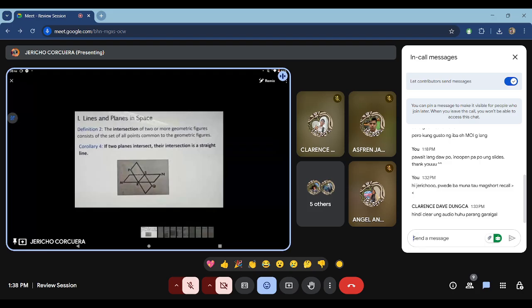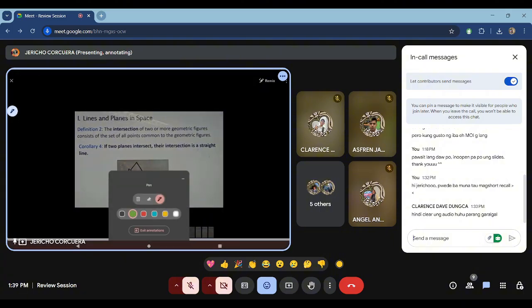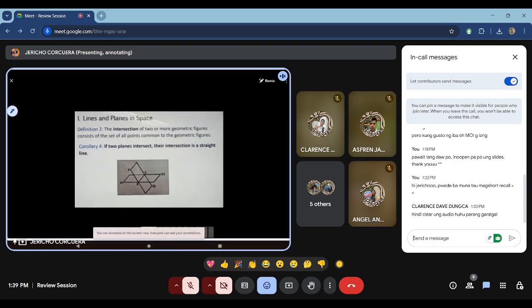Then, continue. Okay. So, we have another definition here. Lines and planes in space. Definition number 2, the intersection of two or more geometric figures consists of the set of all points common to the geometric figures. And corollary 4, if two planes intersect, their intersection is a straight line. Based dito sa corollary 4, if two planes intersect, eto, yan dalawang plane na yan, they intersect. And this is their intersection, which is a straight line.